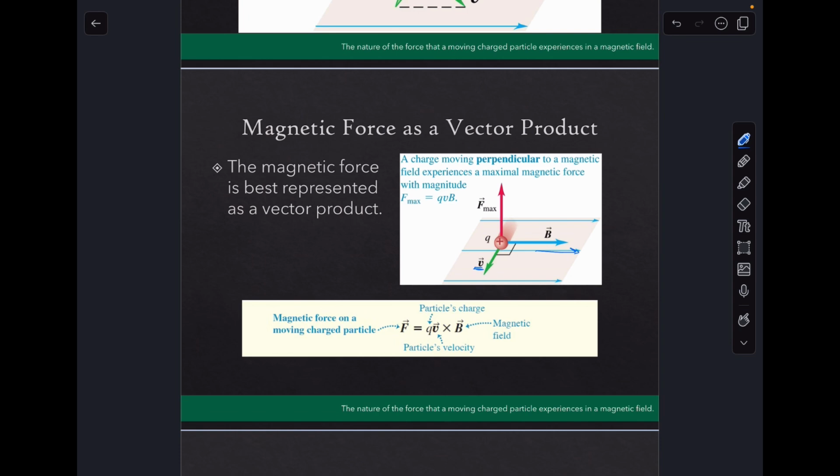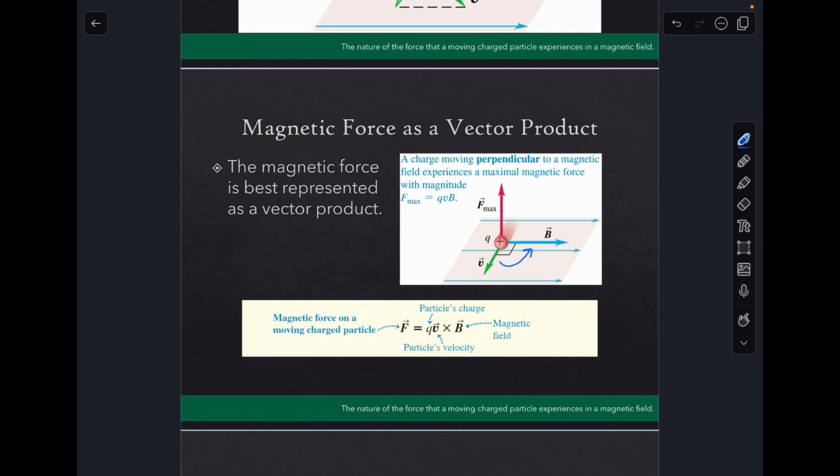In order to figure out the direction of the force that the particle feels in that field, you would sweep the fingers of your right hand from v into B, and then your thumb would point up, right?